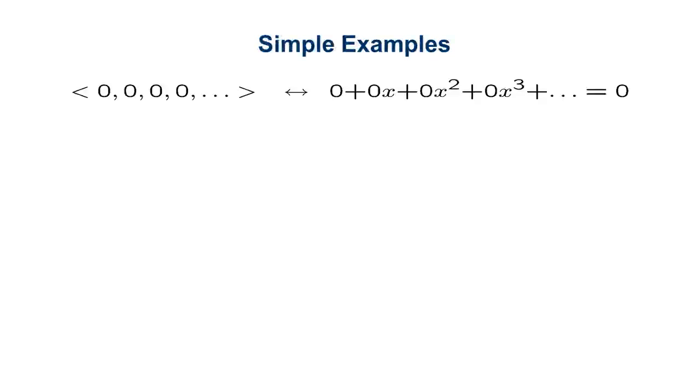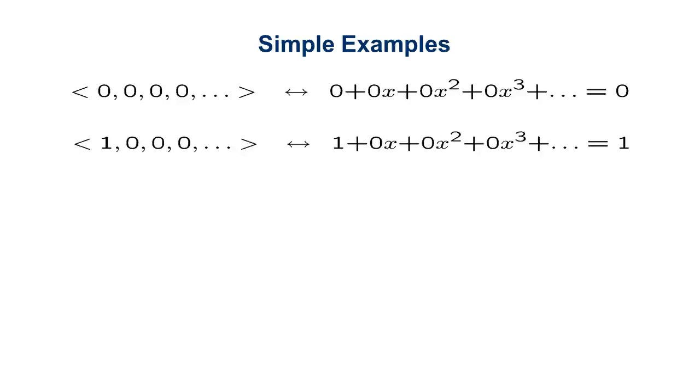Some simple examples. If there is a sequence of zeros, then we can write it in this way: 0 plus 0x plus 0x square. This is the generating function of zeros. Now 1 0 0 0 0, this is the generating function: 1 plus 0x plus 0x square.